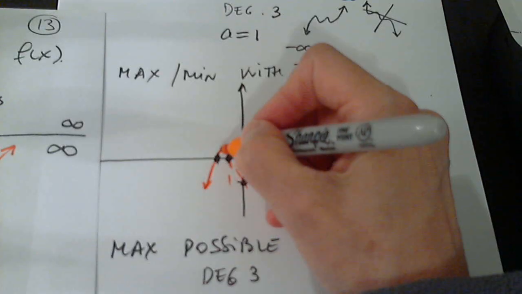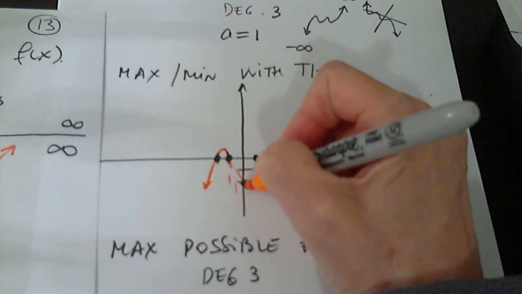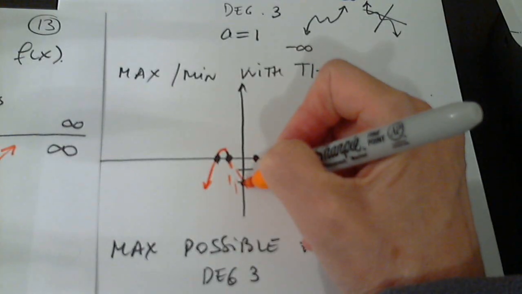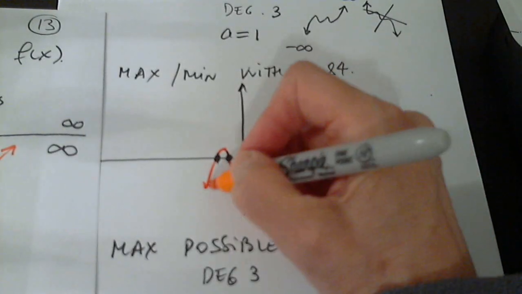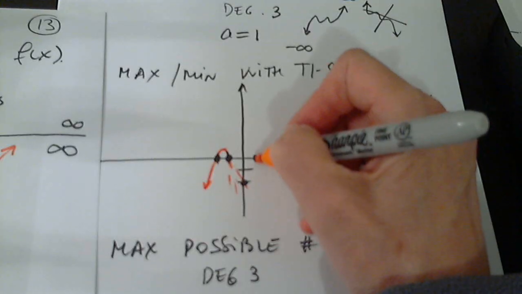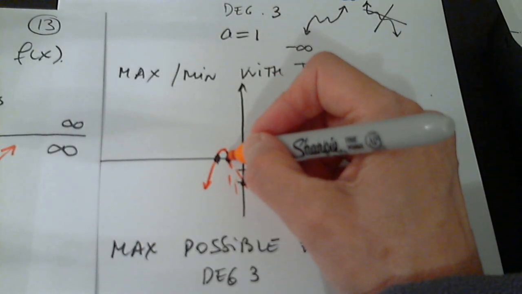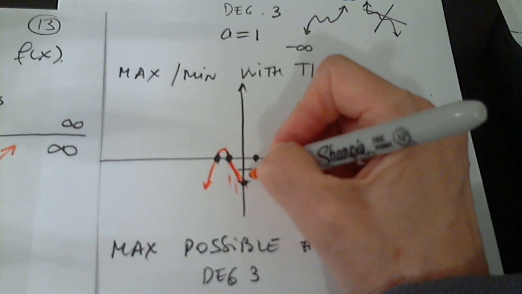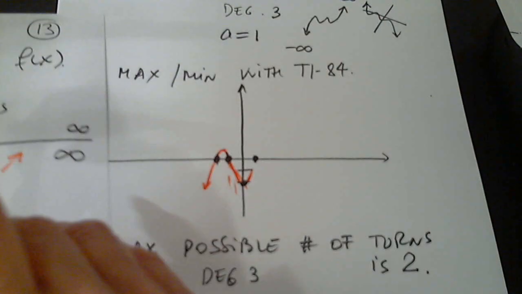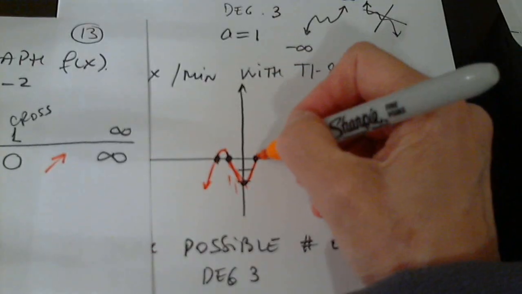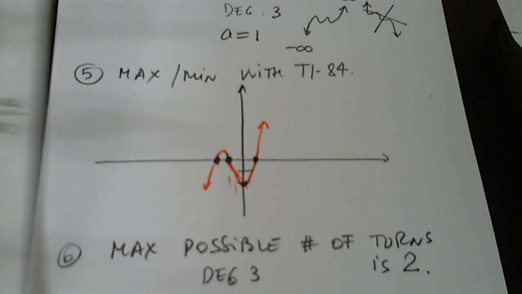So I'm assuming something like this is possible, or a turn at this point, unlikely, but possible, or after. For now, I'm just going to say that it turns here. And then it goes up, crosses at 1, 0, no turn, no flat, nothing, and goes to infinity.